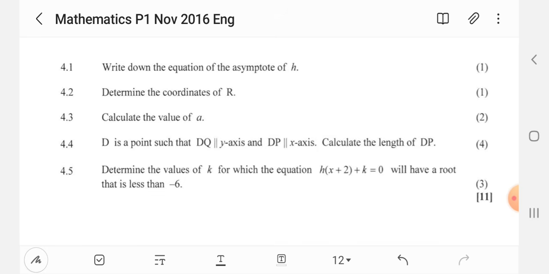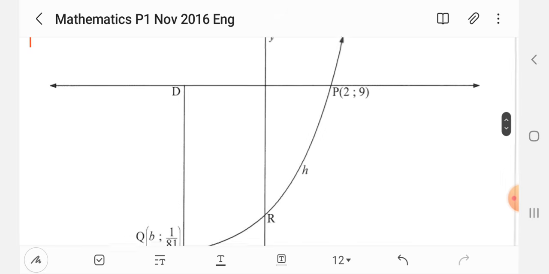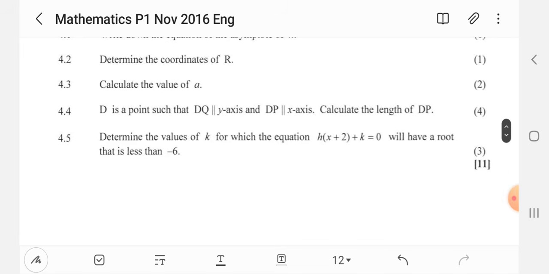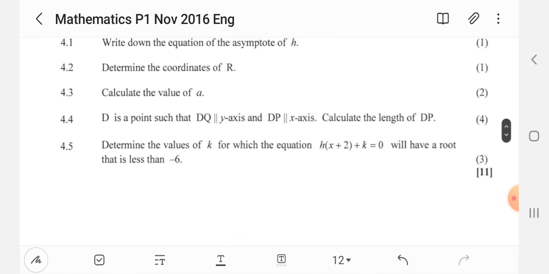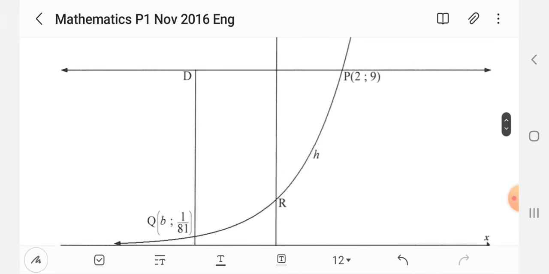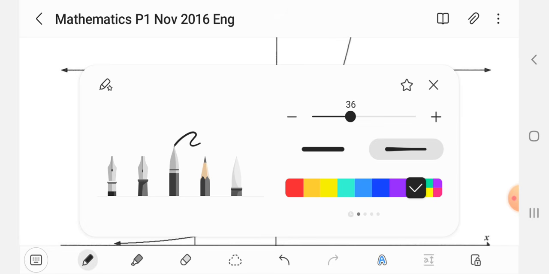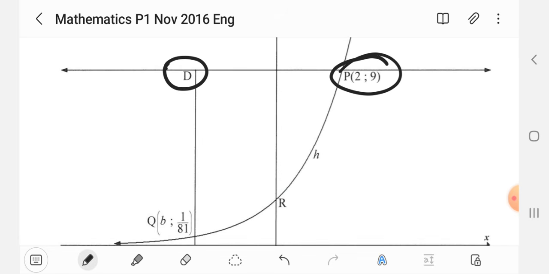Very easy. D is a point such that DQ is parallel to the y-axis. Where is DQ? That line parallel to the y-axis, and PD is parallel to the x-axis, that top one. Calculate the length of DP. So we have to calculate the length from D to P. We're going to use the x values to calculate this length.